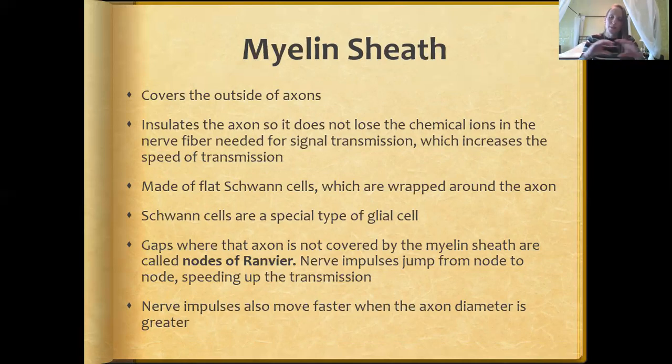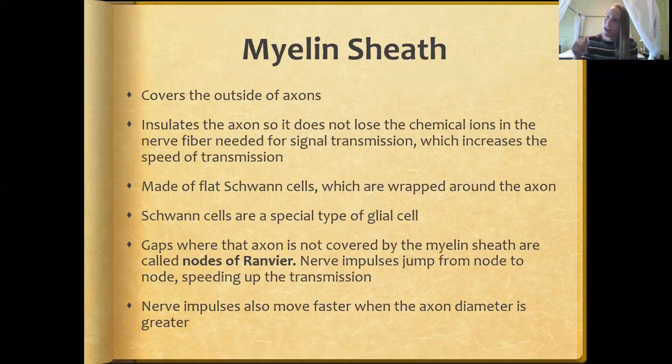The myelin sheath is made up of a whole bunch of individual Schwann cells wrapped around the axon. And between the Schwann cells, there will be little areas where there are gaps in the myelin sheath, little spaces where you can still see the axon. Those little spaces are called the nodes of Ranvier.